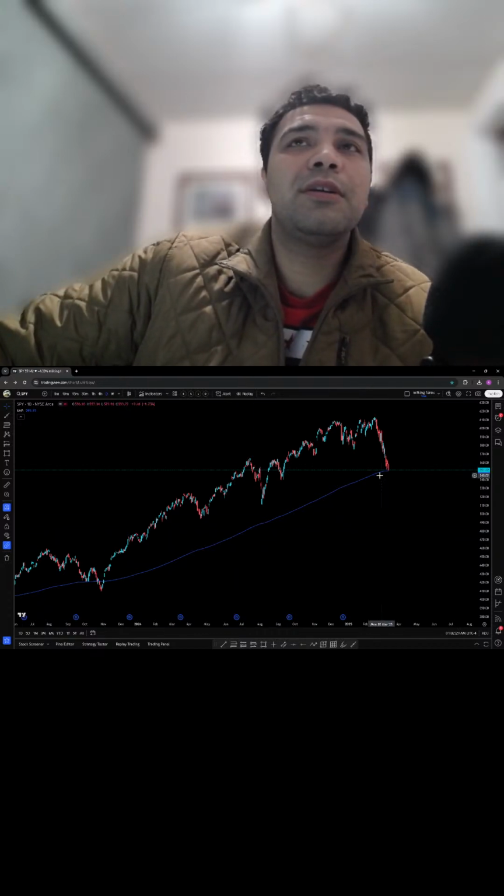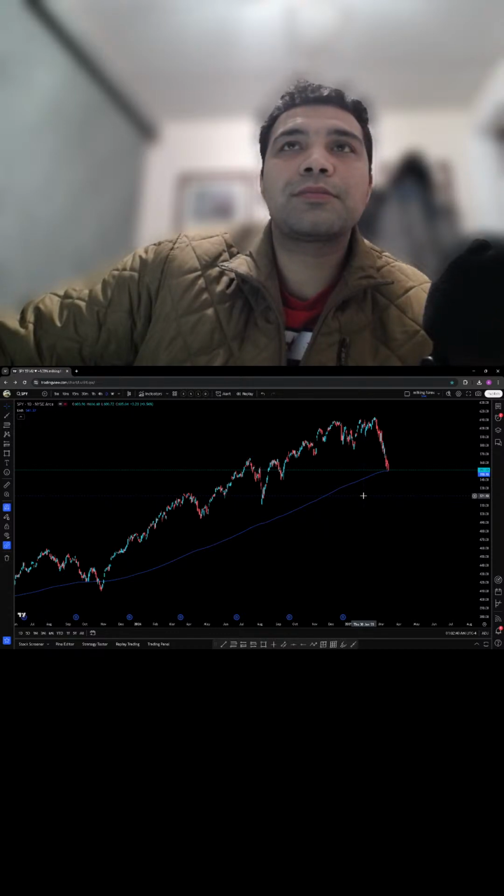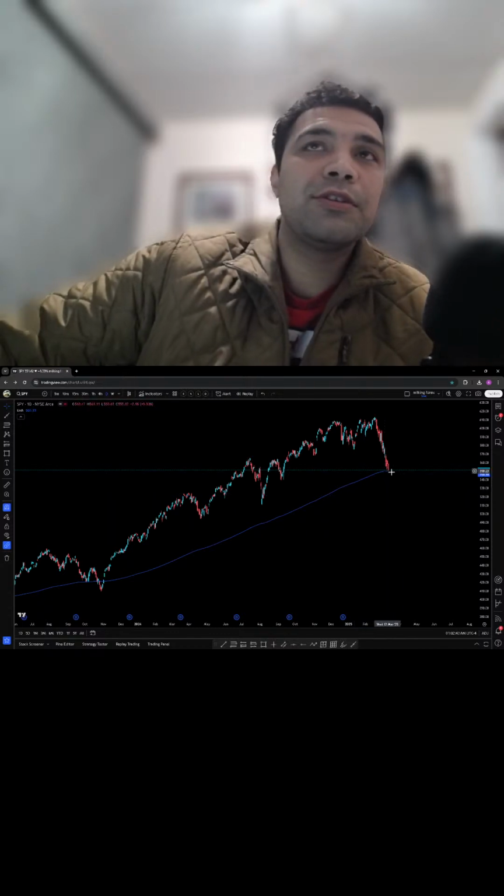And you see right here that it is bouncing off, it has reached exactly the level of the 300 moving average, and that's how it is looking right now.